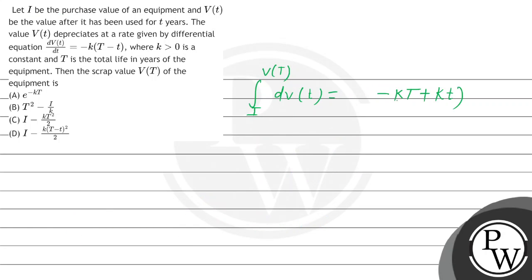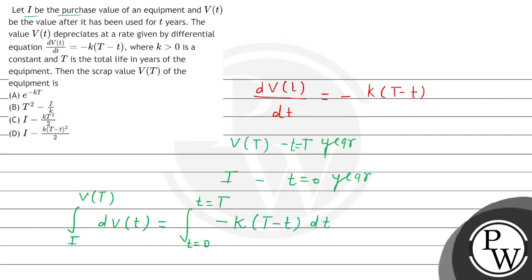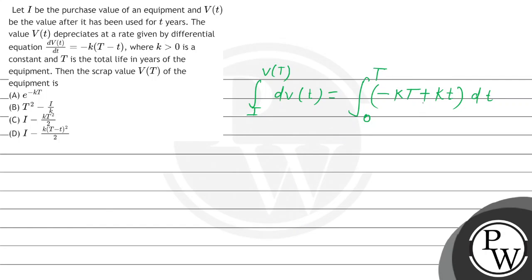So we can integrate it, from 0 to T. We know that the integration can be distributed inside the bracket.